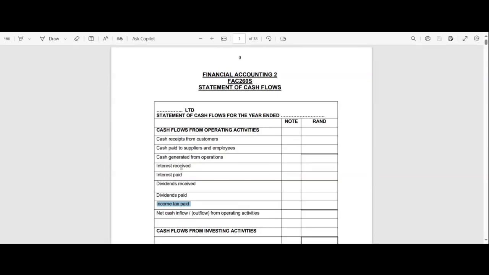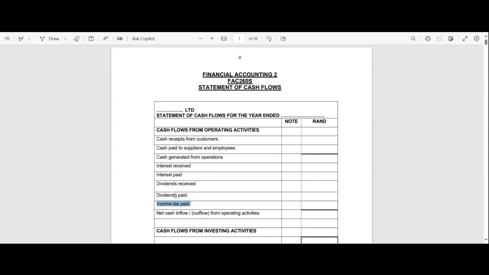Interest income is part of our revenue in our statement of comprehensive income. Interest expense, as you know from the first term, is a separately disclosable item as finance cost on your statement of comprehensive income. Dividend income is part of your revenue in your statement of comprehensive income.